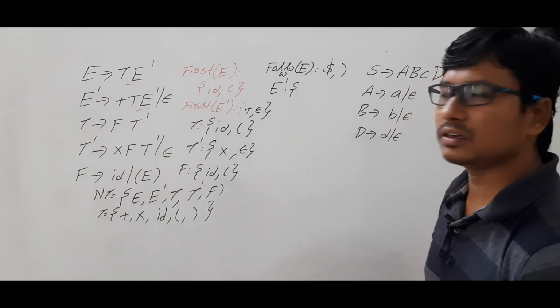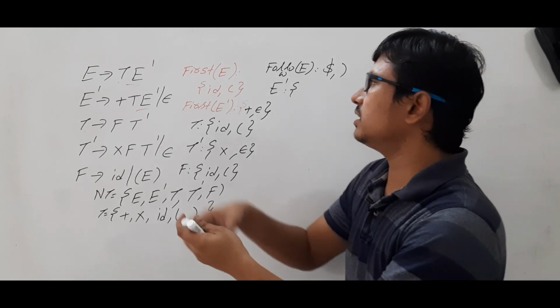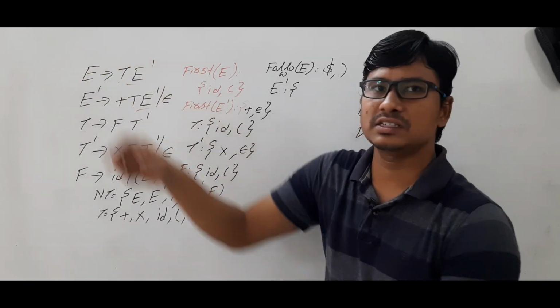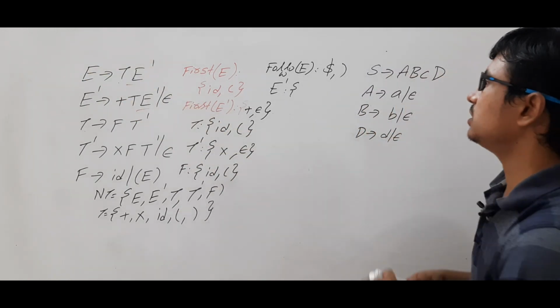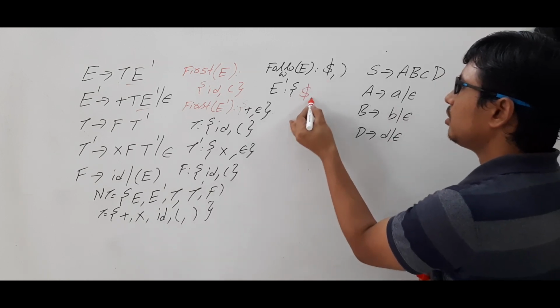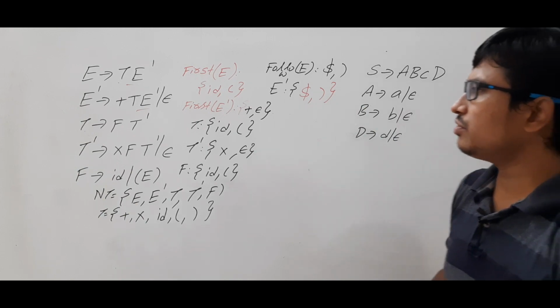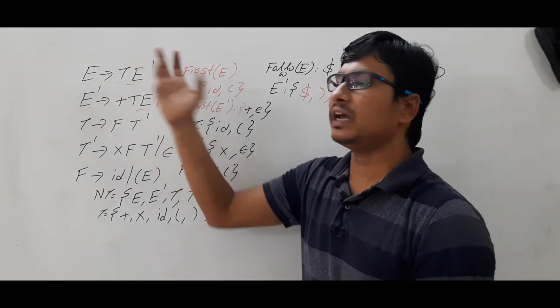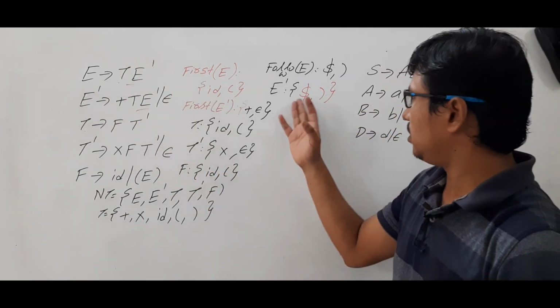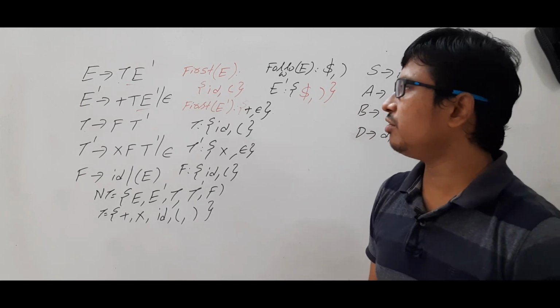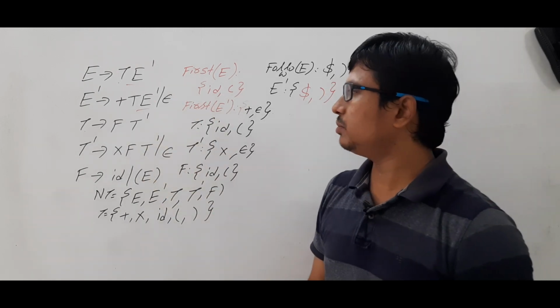Anywhere else? No. So follow of E dash is nothing but follow of E, which we already got: dollar and close braces. Already we computed the follow of E dash. Is it clear? Are you able to understand?